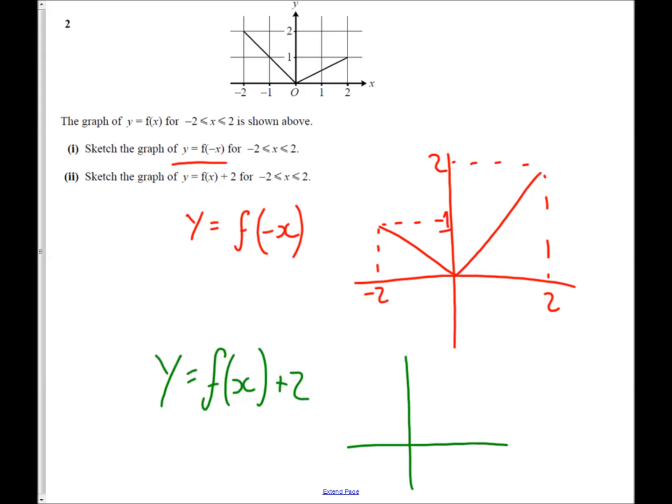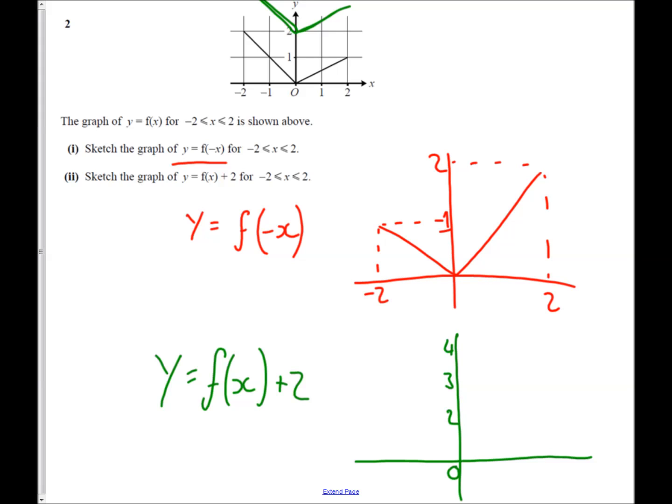And I can say instead of going to the origin, I'm going to start at 2. But I am going to start off with my high point being on my left-hand side because I've not reflected it. And then I'm going to go out to 1. And then this is going to be at minus 2, 4. And this is going to be at 2, 3. So that's the first sort of question you can get, just thinking about your transformations and sketching your graphs.